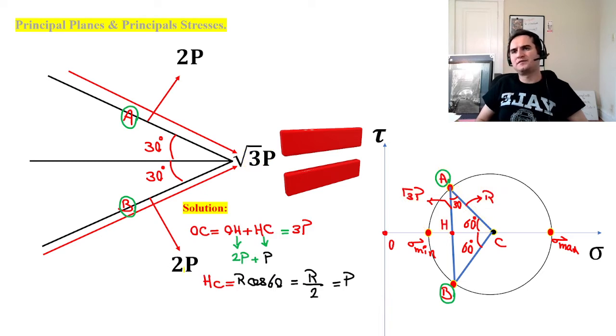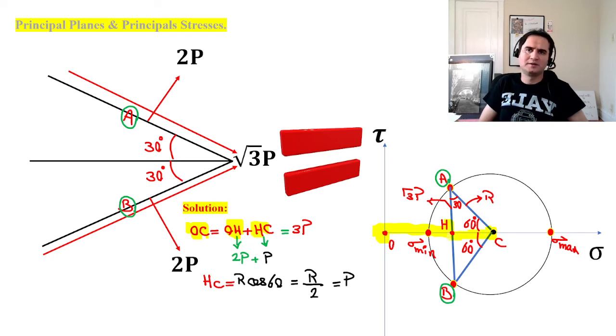Let's see if we want to know what OC is, from origin O to the center of the Mohr circle. It consists of OH plus HC.